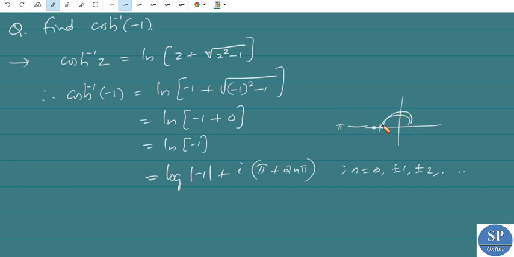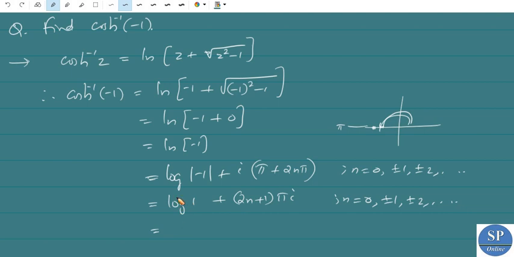So argument is pi plus 2n pi. So this is nothing but log of modulus of minus 1, which is 1, plus 2n plus 1 into pi i, for n equal to 0, plus or minus 1, plus or minus 2, etc.